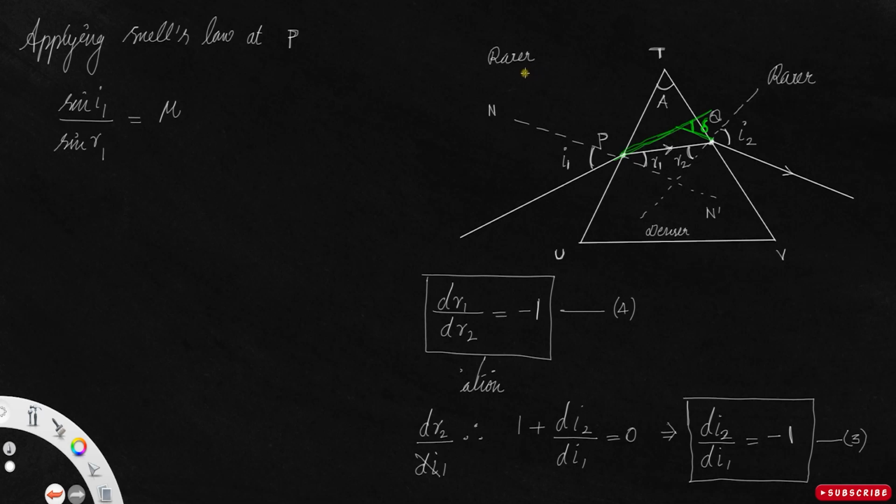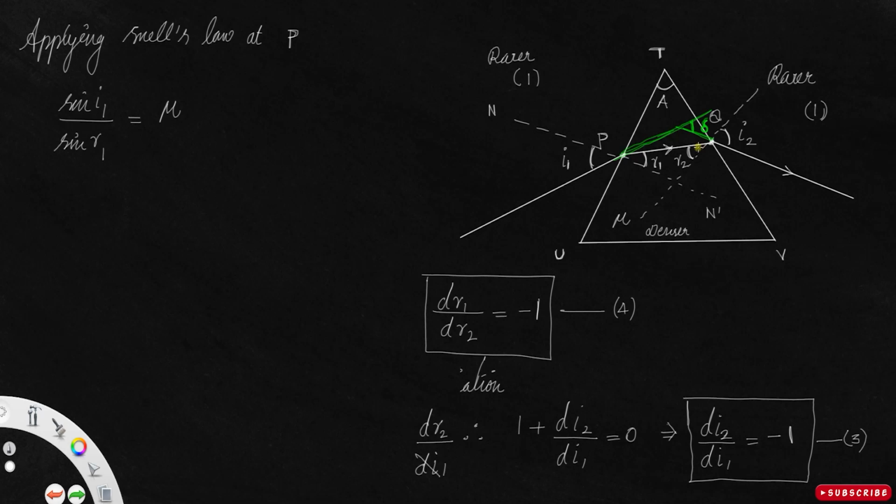Here it is air, so we can take the absolute refractive index of air as 1 and the absolute refractive index of the prism as mu. Here also it is air. Clear?